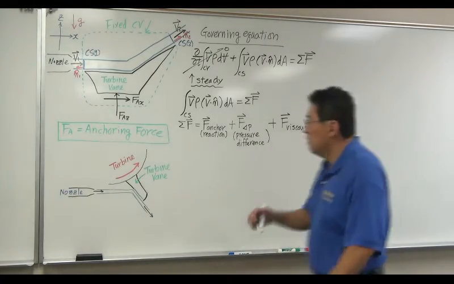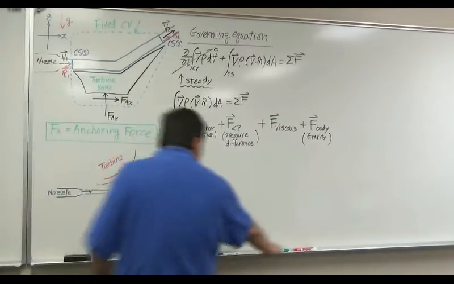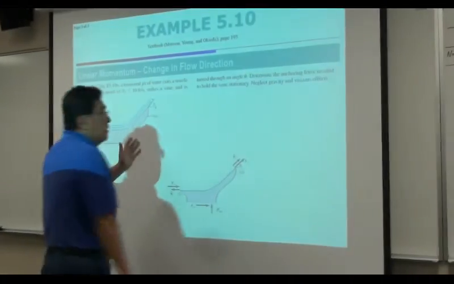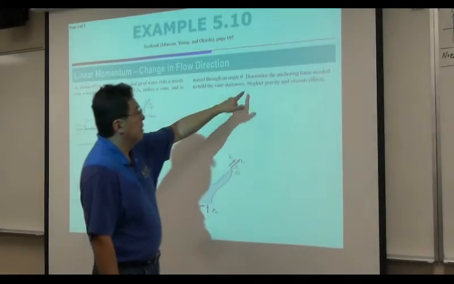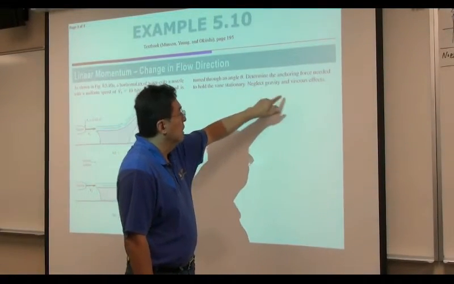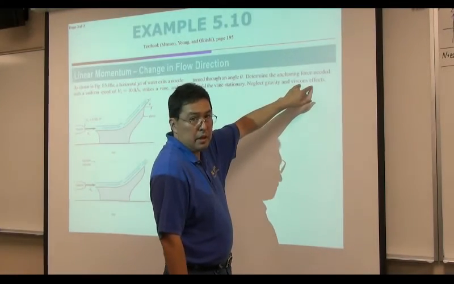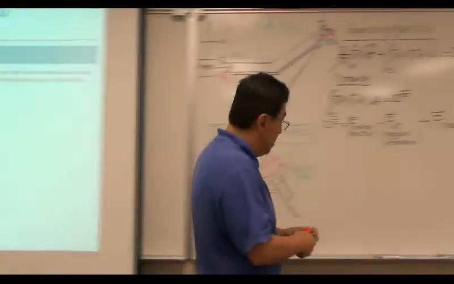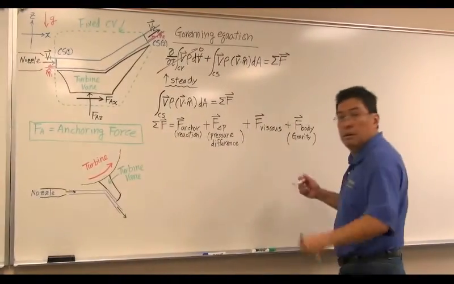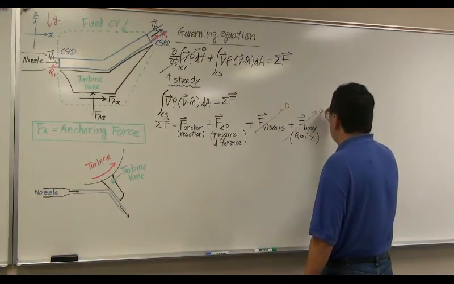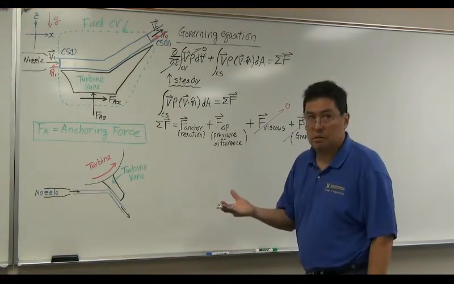Okay, so let's go back and take a look at the problem statement once again. The problem statement says two things. Number one, neglect gravity, and neglect viscous effects. So that really means that you can ignore this and you can ignore that because the problem statement says so.